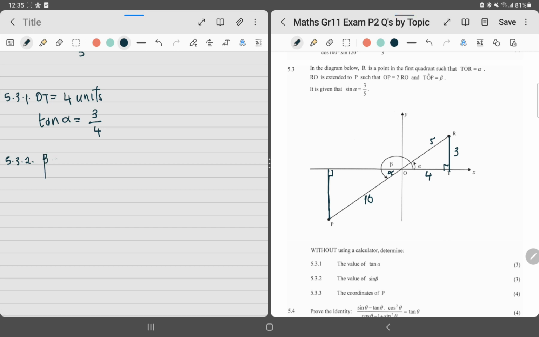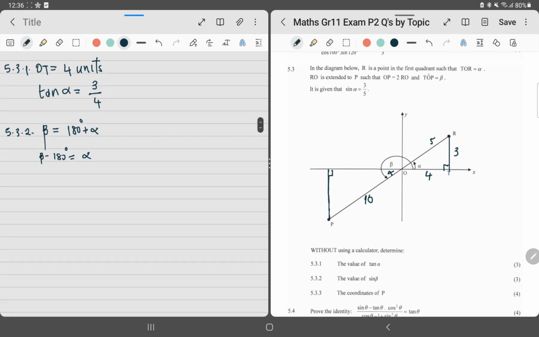So beta should be equal to, from here to here is 180, so it will be 180 plus that alpha there. So this should be equal to 180 plus the alpha. So it means that beta minus 180 degrees should be equal to alpha.